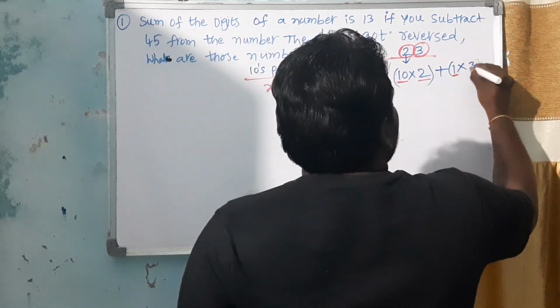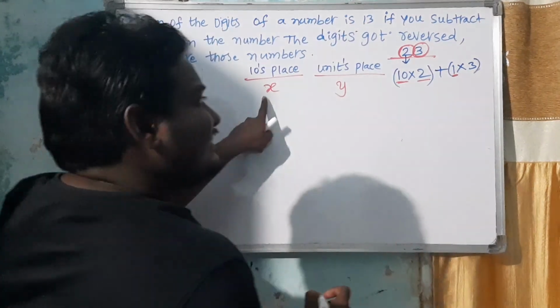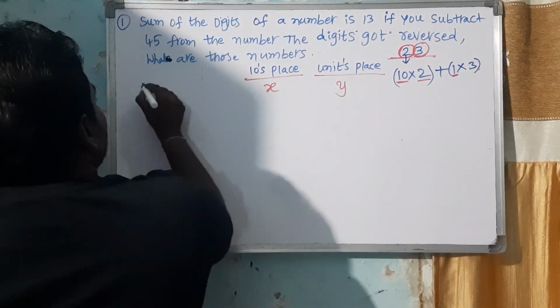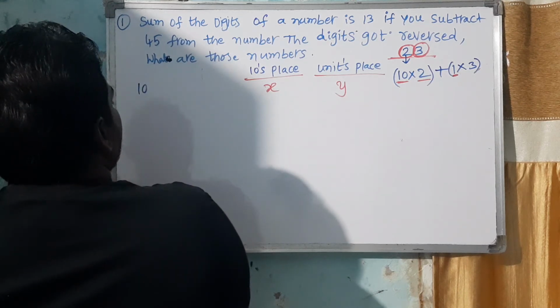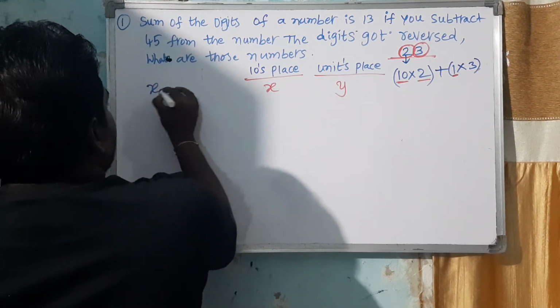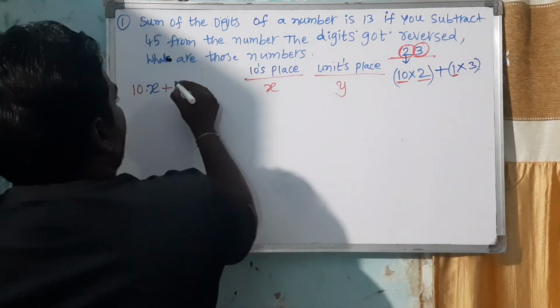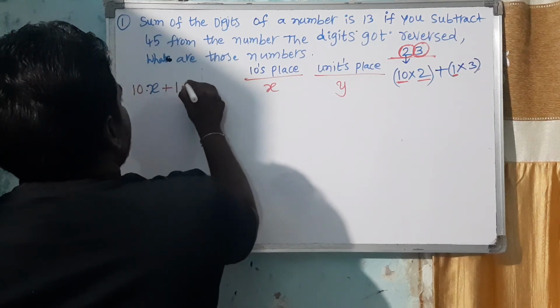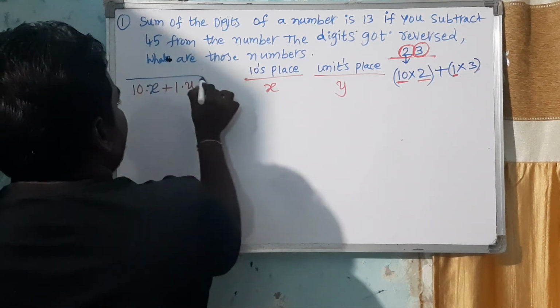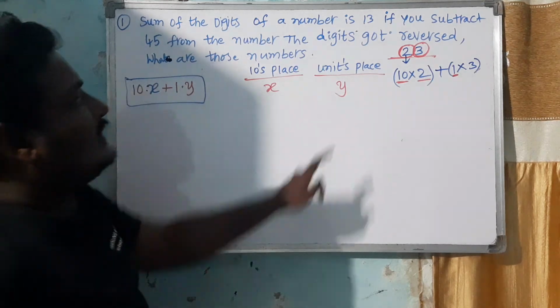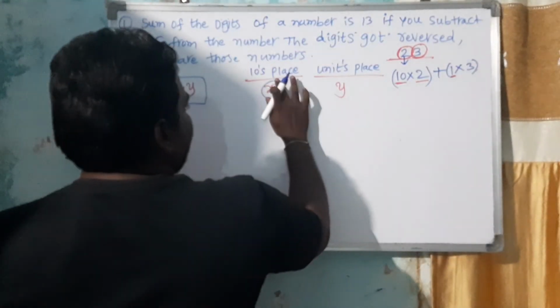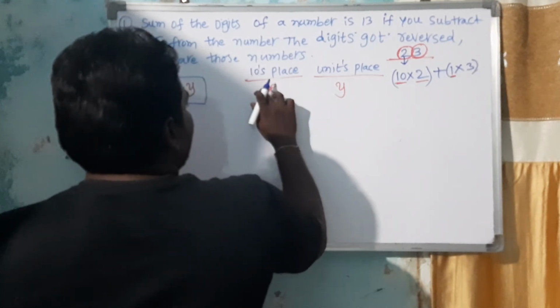In the same way, in tens place x is there, so 10x, plus 1 into y. This is the number, 10x plus y. For seeing, these terms will appear as x comma y, but the actual meaning is this: 10x plus y equal to xy.